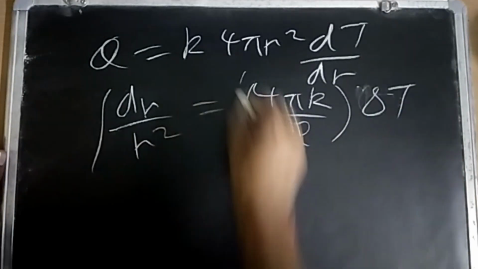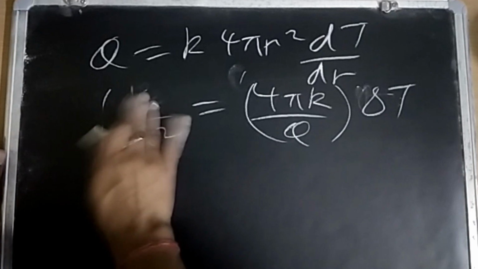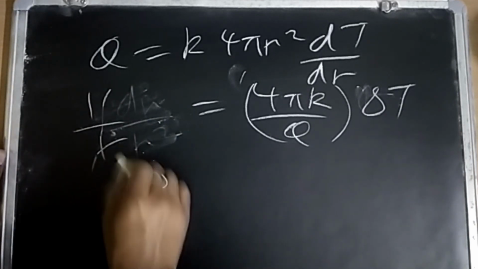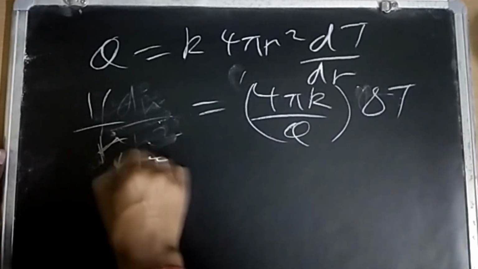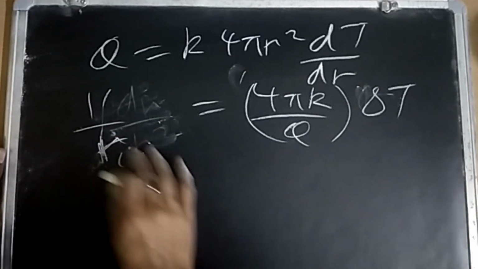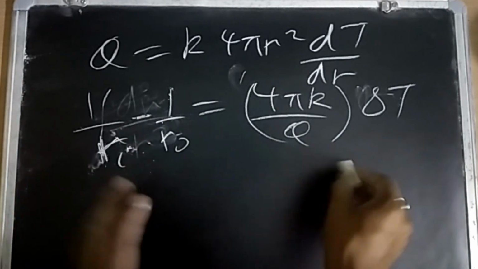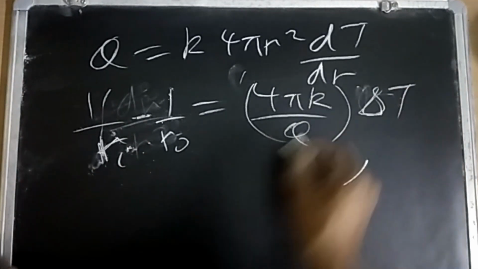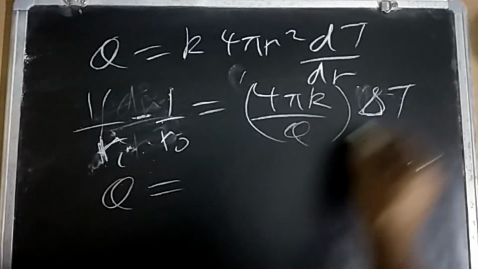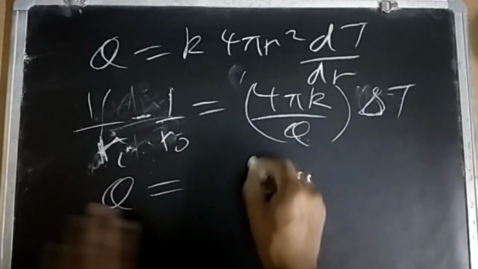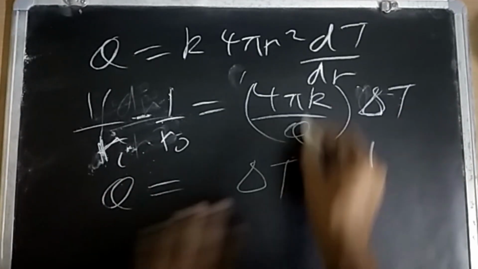Integration, this is already integrated, this would be 1 upon r, so that means 1 upon r initial, r inner, by ro. This would come over here, and delta t, this Q will go over here, so Q delta t into 4 pi k.